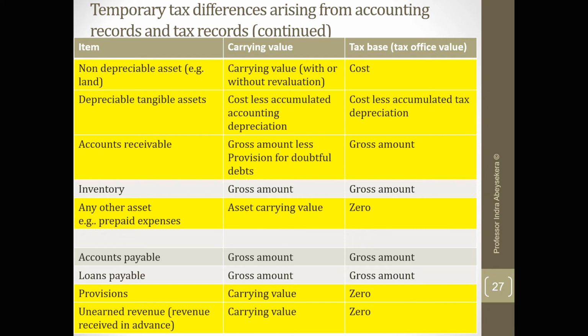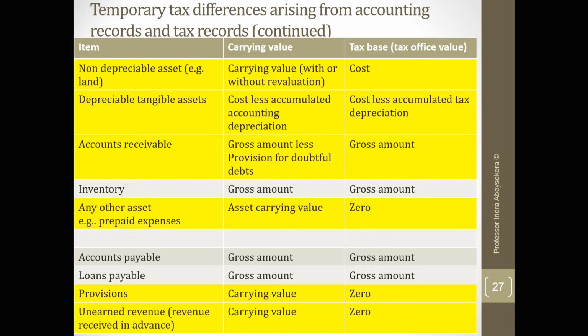For example, for depreciable assets, we look at the carrying value, and the tax office will look at the tax base using the cost less accumulated depreciation for tax purposes, whereas for accounting they will use the cost less accumulated depreciation based on accounting principles.